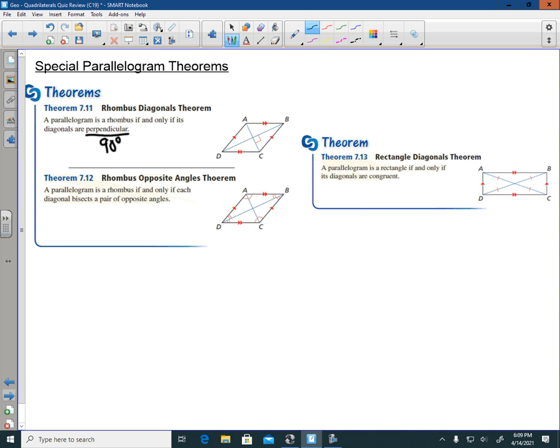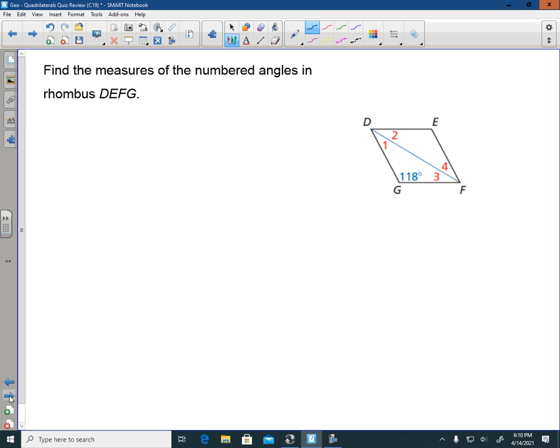So now, not only are the opposite angles congruent, but these diagonals cut them in half. And so we can have smaller and smaller pieces of knowledge to figure out all kinds of things about the angles of a rhombus. And then the rectangle diagonals theorem says a parallelogram is a rectangle if and only if its diagonals are congruent. And so we can use these theorems to solve problems like this.